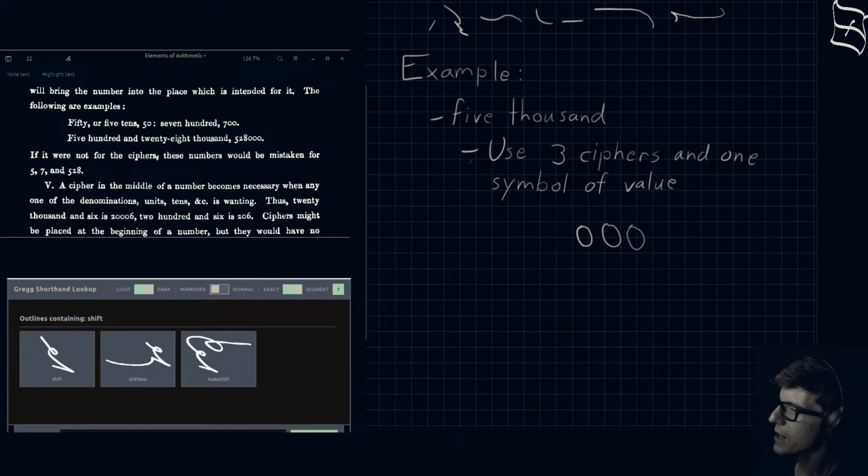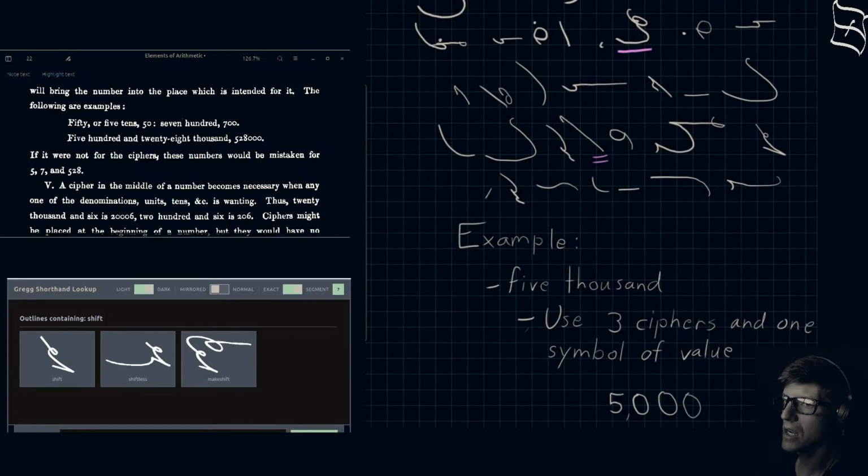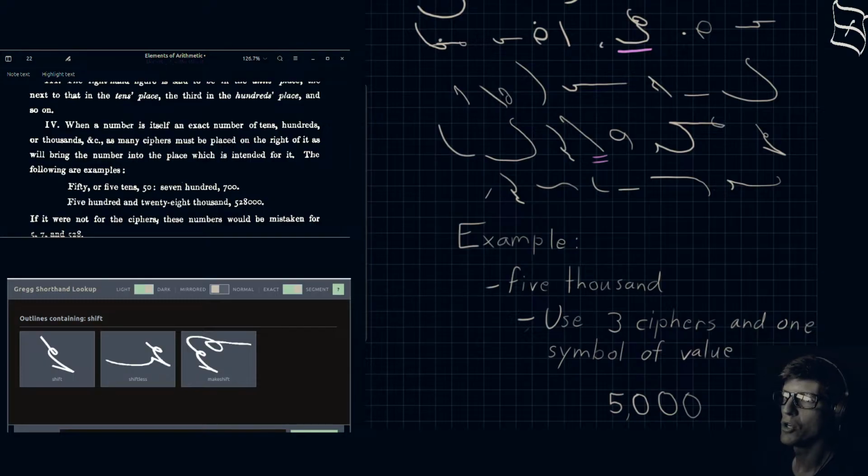Notice we're starting from the right hand and working our way over, and then finally, we have our units, tens, hundreds, and now in our thousands, we put our value of 5. And that gives us the correct value. Notice, 3 ciphers. A cipher has no inherent value. It is merely a position holder. And then we have to put the number in the correct position. All right, so that is the takeaway from Roman numeral number 4.